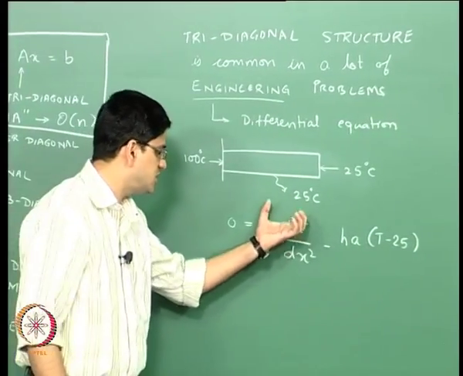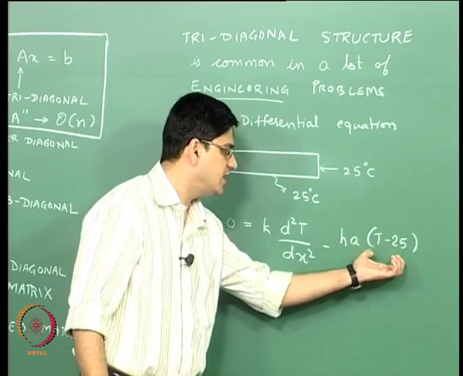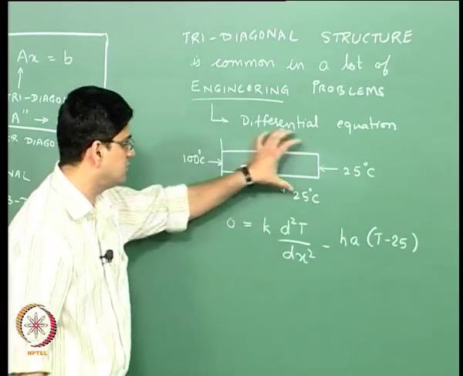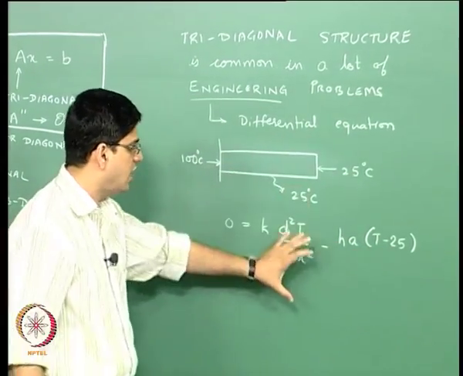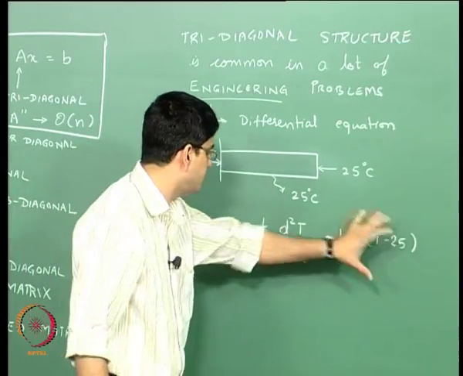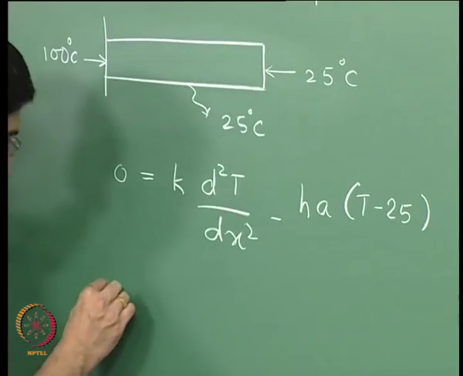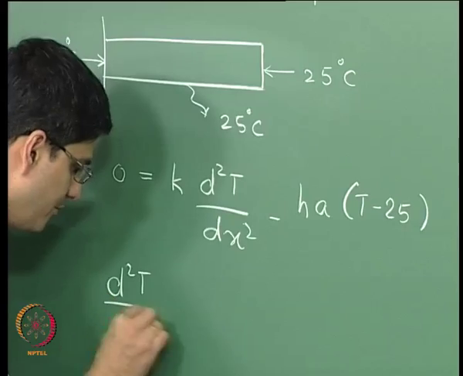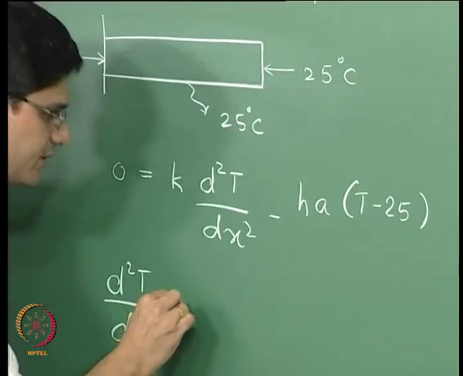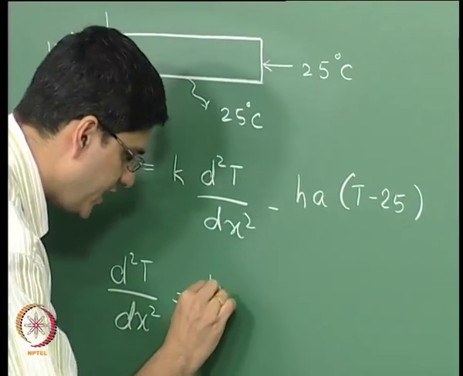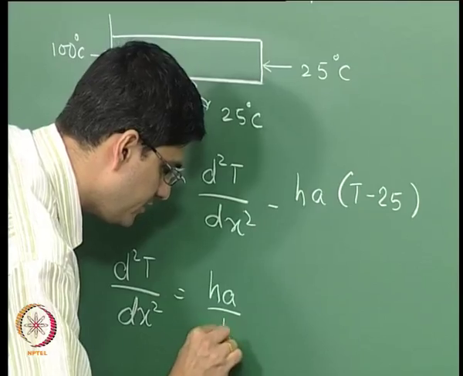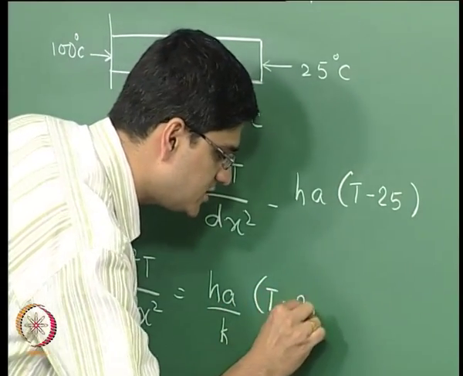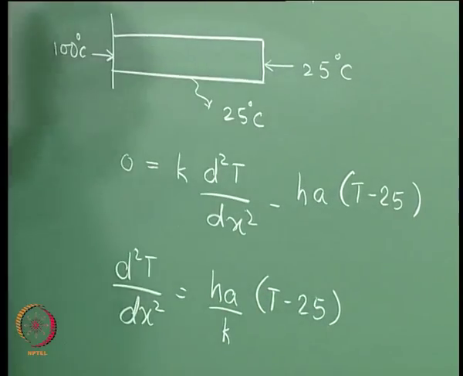Okay, so this is the conduction term and this is the heat loss term that comes over here. Now we can rewrite this entire problem as d square T by dx squared equal to h a by k times T minus 25.